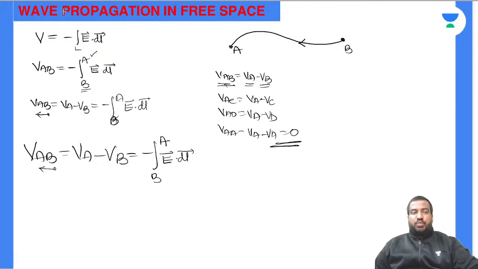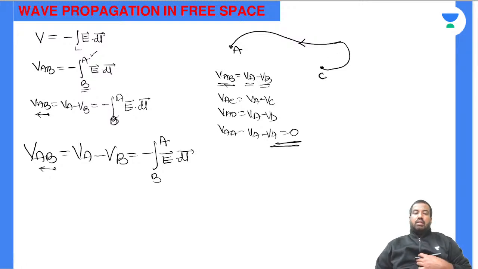Now I am removing this point, Bhaskar, and having this point at C. Now you tell me how much is VAC, Bhaskar? VA minus VC.